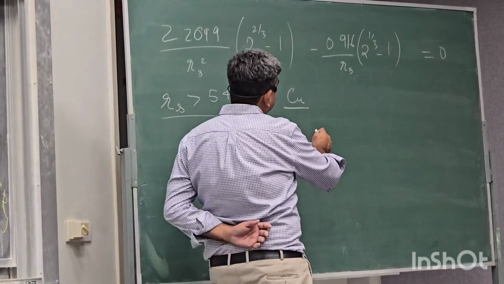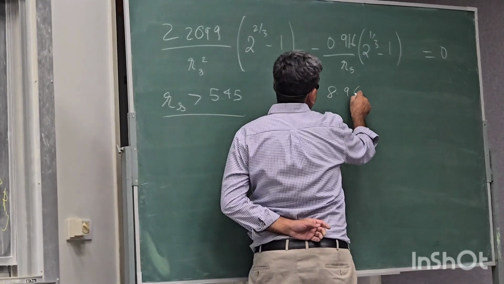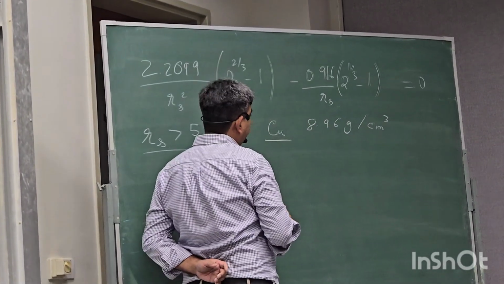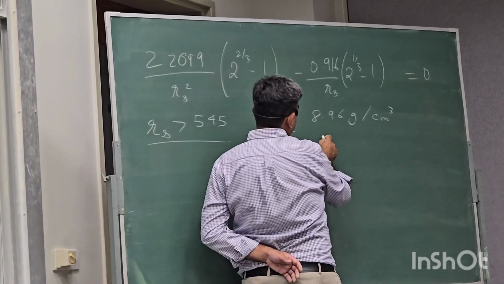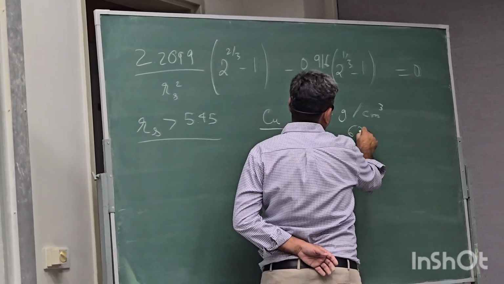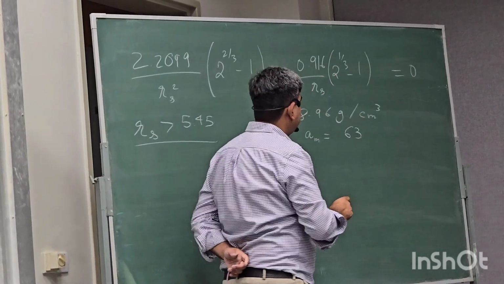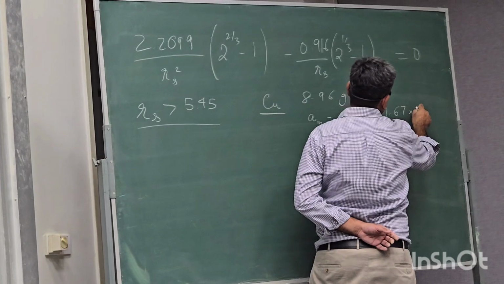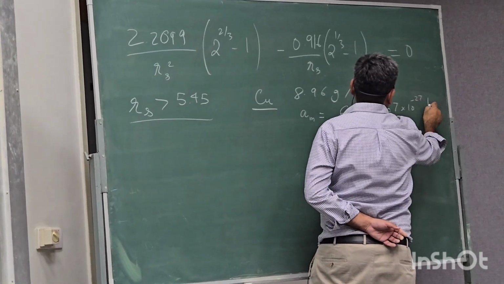Its density is 8.96 grams per centimeter cube. Its atomic mass is about, I think, 63. So its mass is going to be 63 into 1.67 into 10 to the minus 27 kilogram.